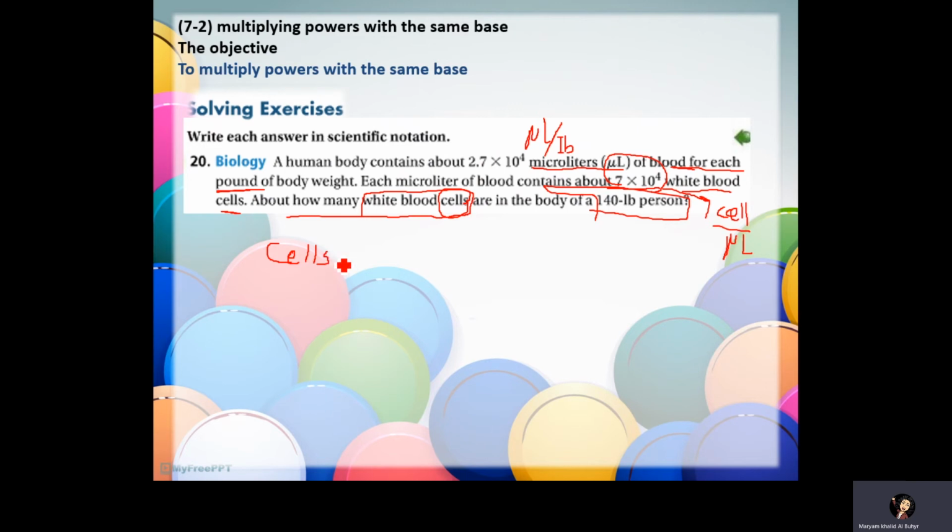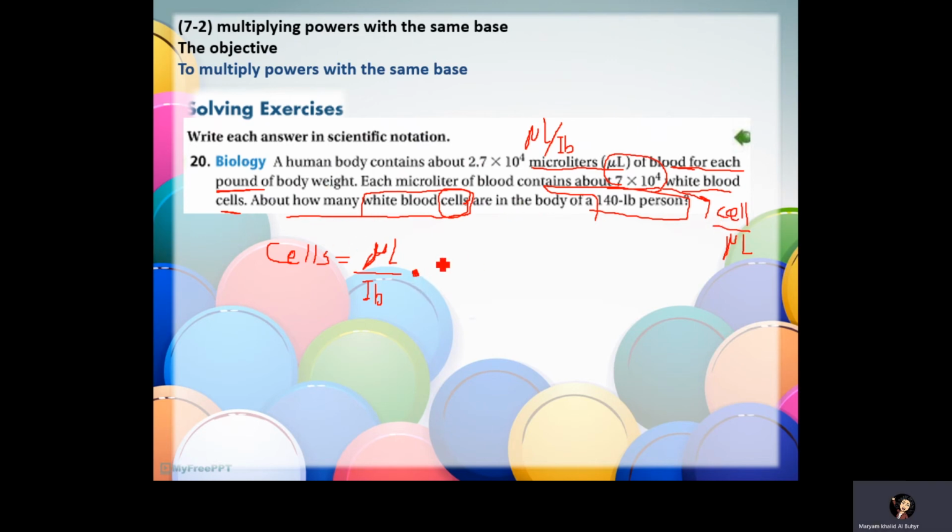I'll write the quantities that I have. I have microliter per pound. So micro, it's like the mu here. This is a Greek letter. So microliter over pound times, what?